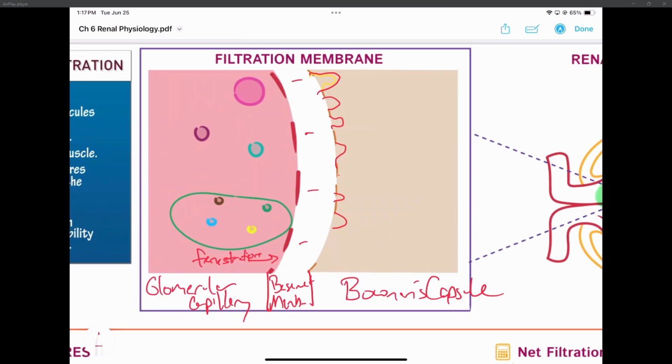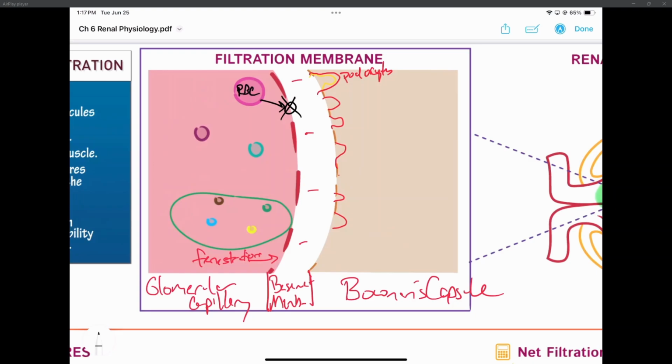Okay, so we have these little podocytes on the glomerular capillary end. The top one, the big red one up top, is a red blood cell. And red blood cells can't get through because the fenestration's not big enough on the capillary side, so red blood cells don't get through.